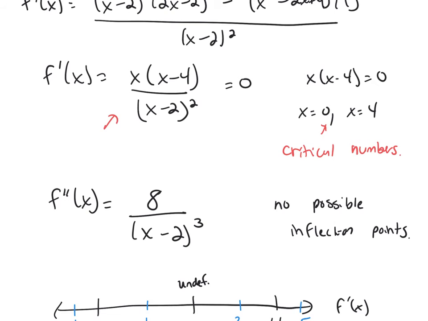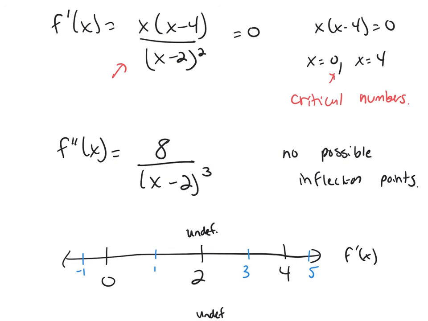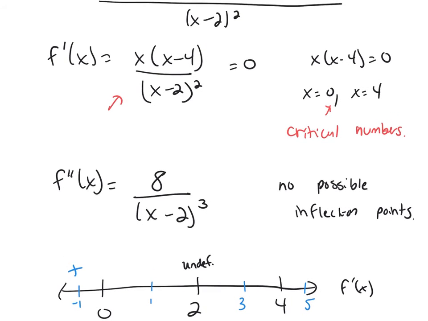So if I plug in -1, the top would be positive, the denominator would be positive, so this would be positive. If you plug in 1, the top would be negative, the bottom would be positive, so negative, negative, and then positive.